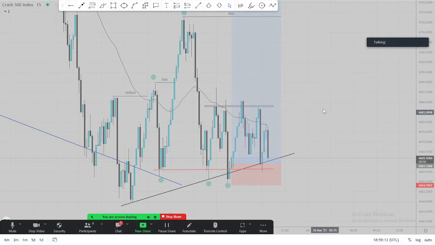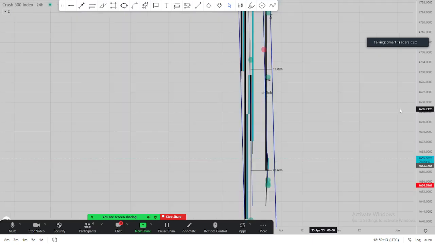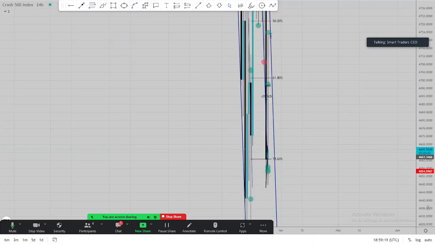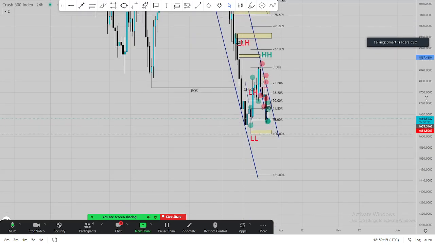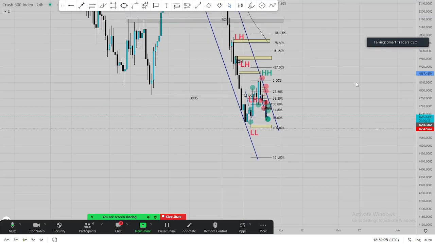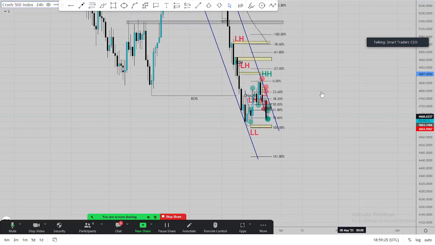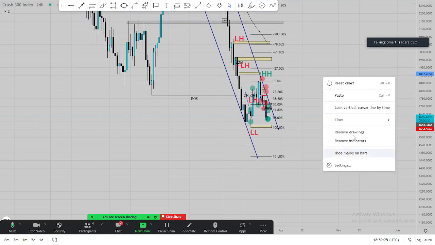We're going to start with crash 500, then we'll go to VIX 75. Then you also tell me which other instrument you want us to look at. Let me try to remove all this because right now it's confusing.